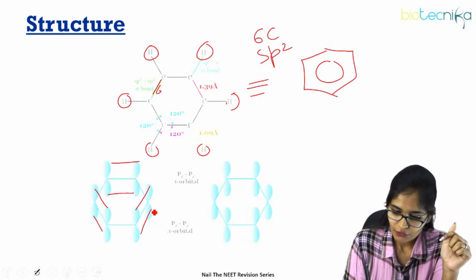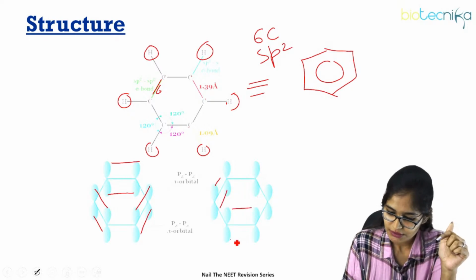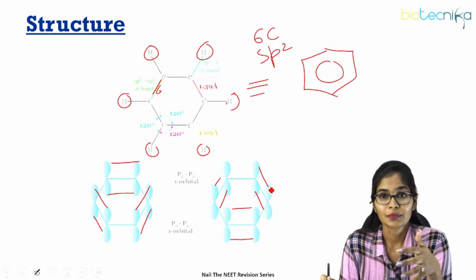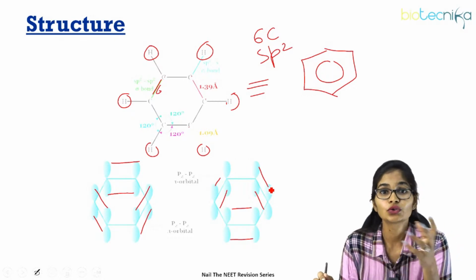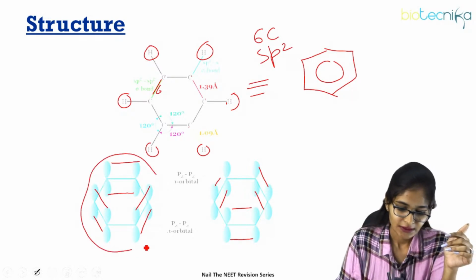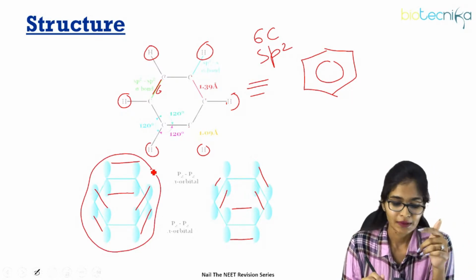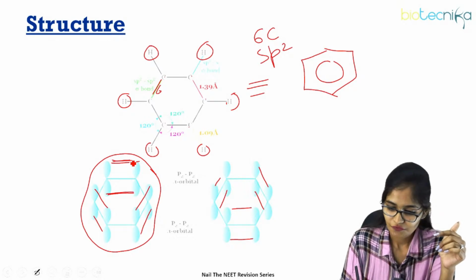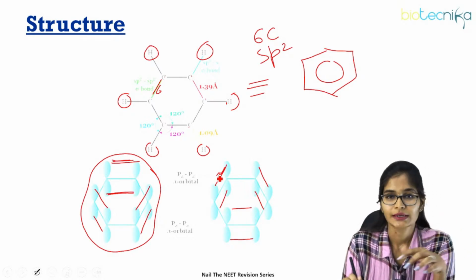Here Kekulé has given two structures with respect to benzene, the resonance hybrid we can say, in which a molecule or compound can be in two forms. Suppose we consider this benzene ring where you can see the pi bond placement inside the ring. And in case of this structure, you can see it is quite different.